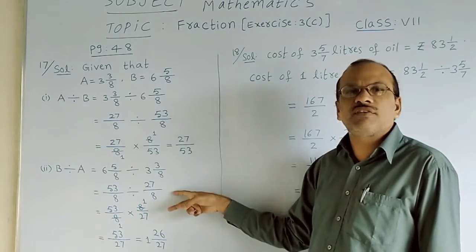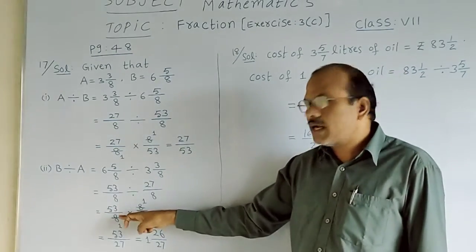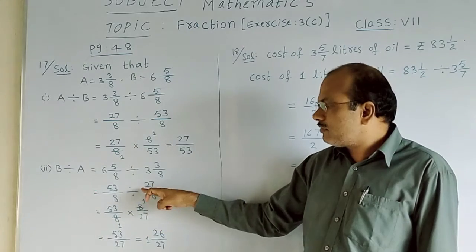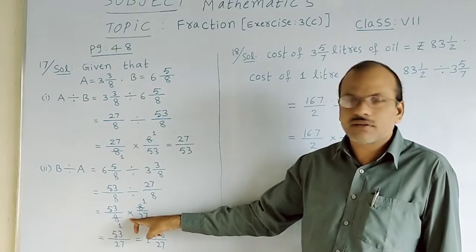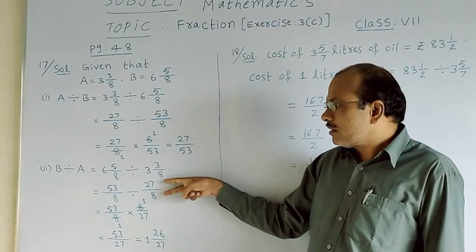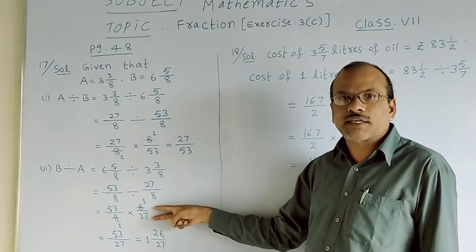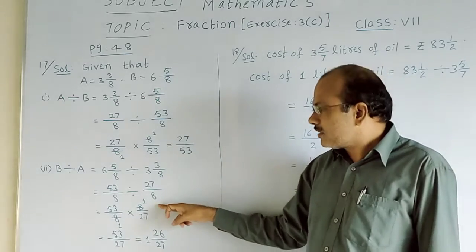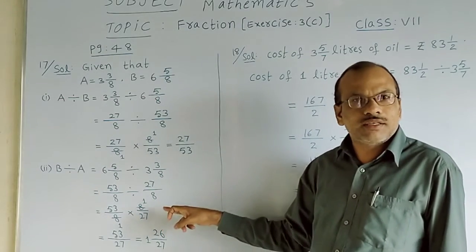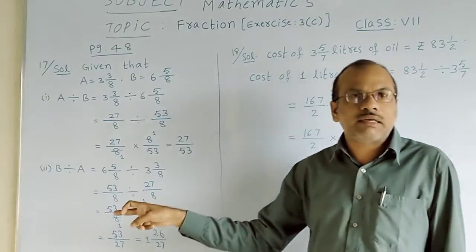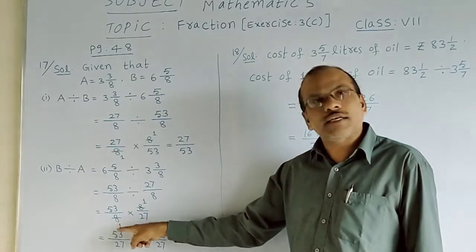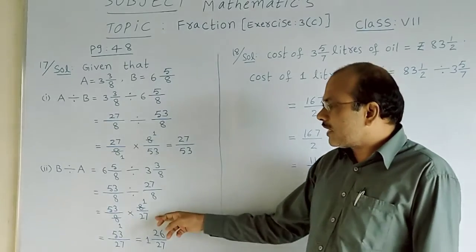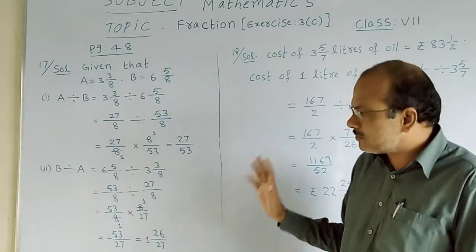Same as previous, that fraction as it is dropped, division symbol changed as multiplication symbol for our convenience, and the reciprocal I have written, that is only reverse, 8 by 27. Is it clear? As we cancelled earlier, 8th table we have used, 8 1s are 8 and 8 1s are 8. Again no more chance of cancellation.